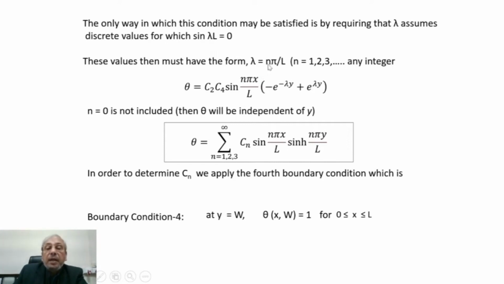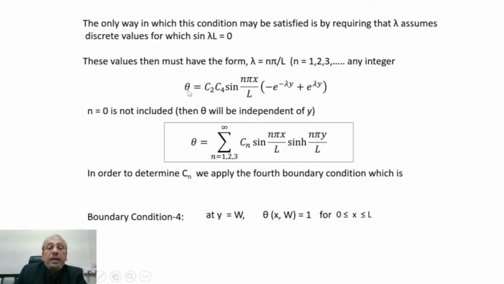So lambda will be given by n pi by L, where n equal to 1, 2, 3 or any integer. Lambda equal to pi by L, lambda equal to 2 pi by L, lambda equal to 3 pi by L. For all these, sine lambda L equal to 0 will be satisfied.